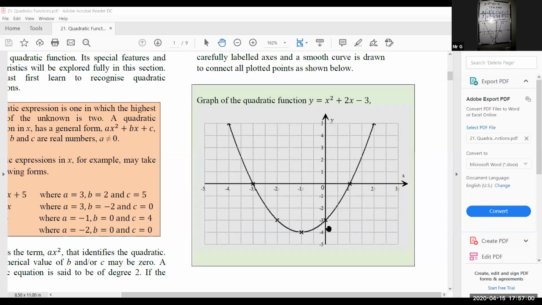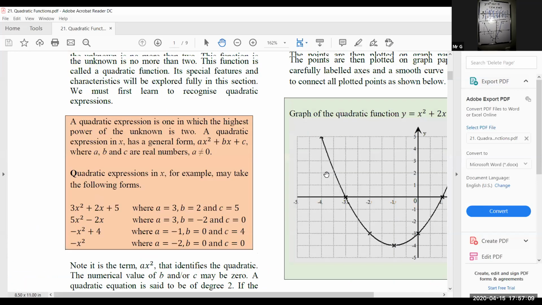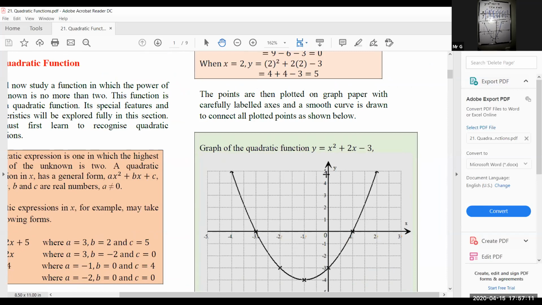This is another image of the graph, how it could look, right? So that being said, I want to give you all a graph question to try. Let me write it down for you all.